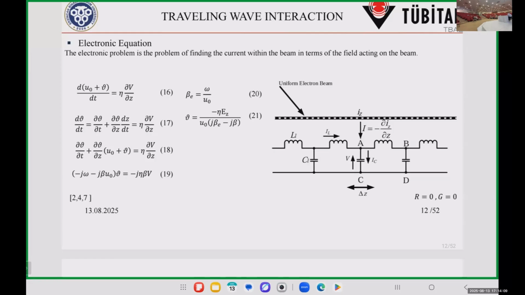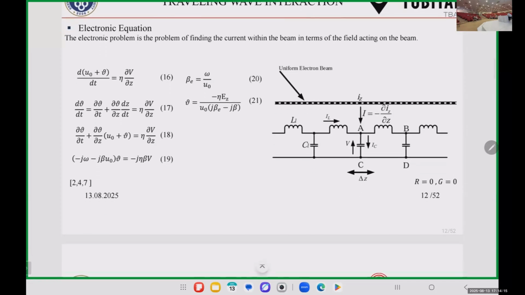Then we have here equation 17. If we neglect some AC quantities in 17 due to small signal assumptions, then we can write equation 18.